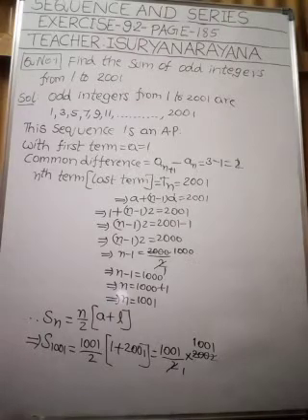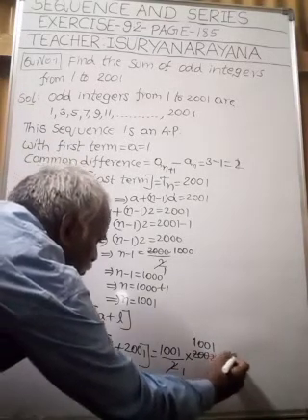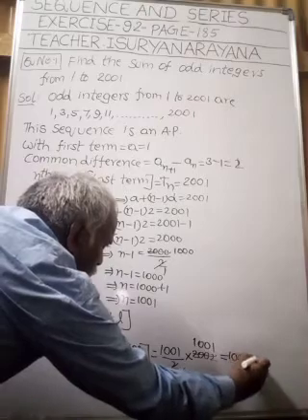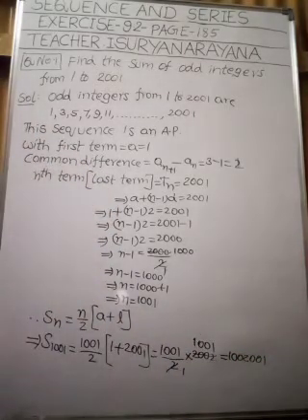Then multiply these two numbers, 1001 into 1001. Multiply these two numbers, then you get 10 lakhs 2001. Okay, my children. Understood? Right.